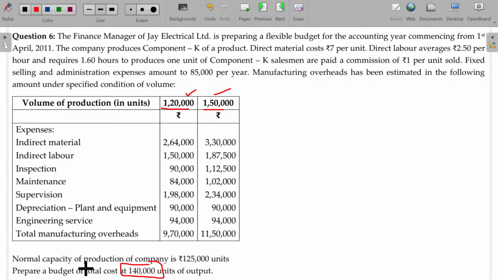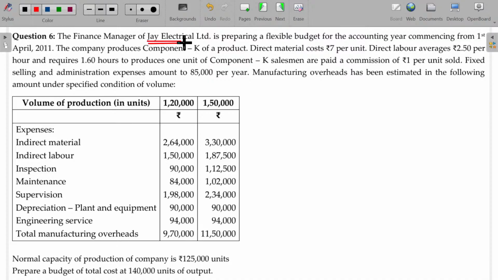So you have to find out the variable cost as well as fixed cost and semi-variable. If the cost is semi-variable, it's your duty to segregate the semi-variable into fixed and variable, and then you can proceed further. One of the beautiful illustrations, that's why I have incorporated here.